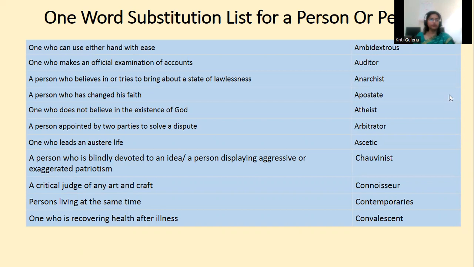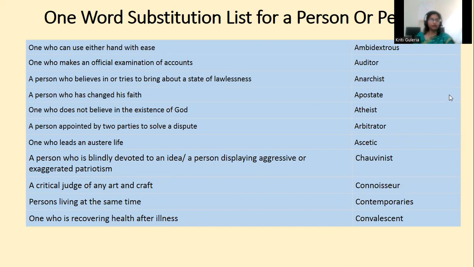One who makes an official examination of accounts is referred to as an auditor. A person who believes in or tries to bring about a state of lawlessness is referred to as an anarchist. A person who has changed his faith: apostate.